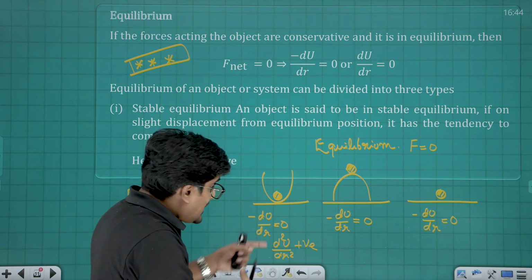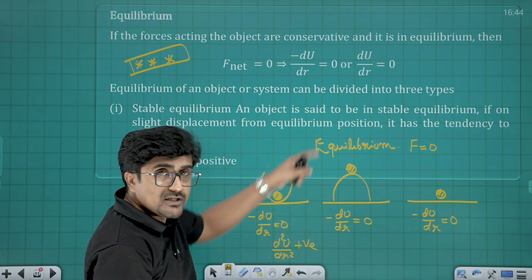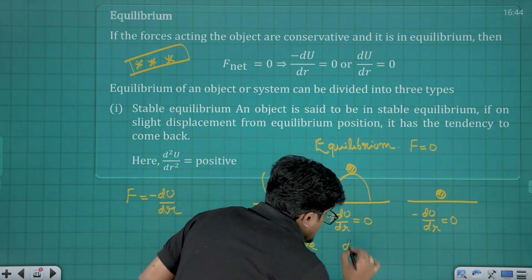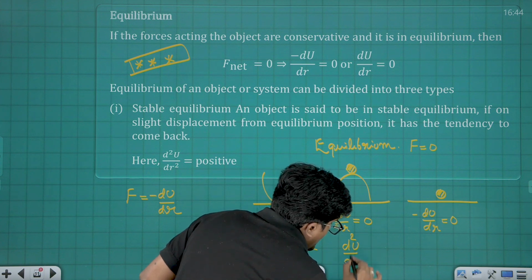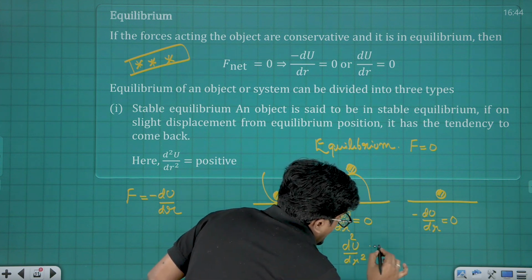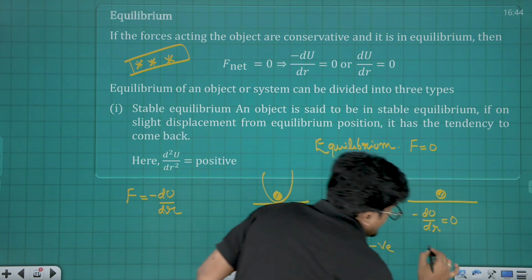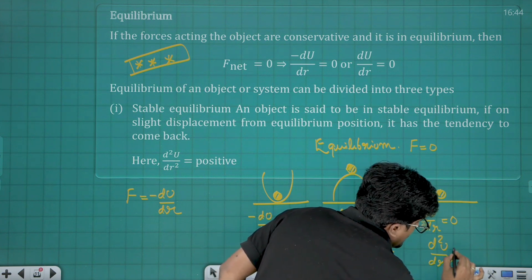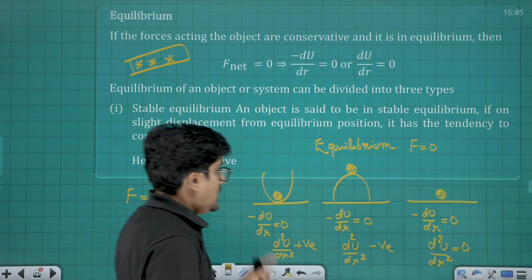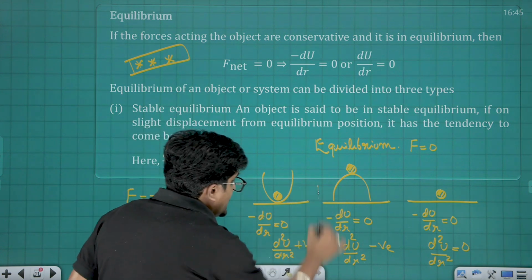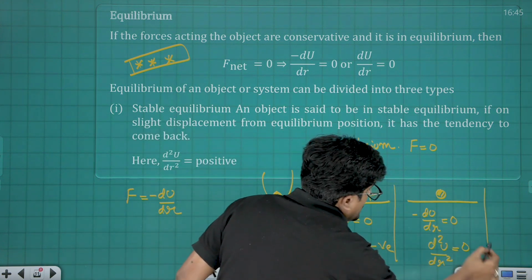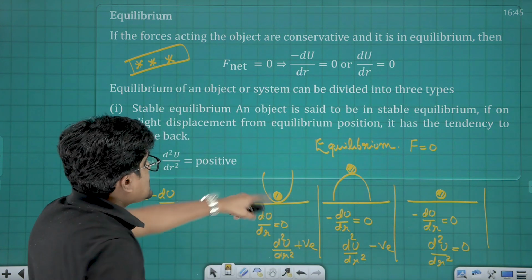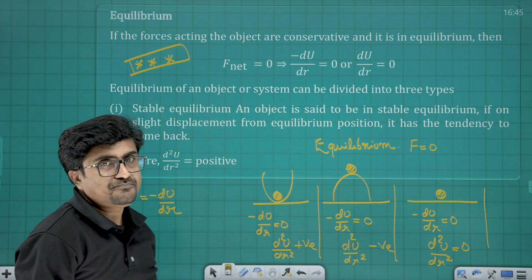If the second derivative needs to be positive, and here potential energy is maximum, that means d square u by dr square needs to be negative. And here d square u by dr square needs to be 0. So regarding equilibrium condition, this information is very, very important, and the same thing is mentioned here as well.